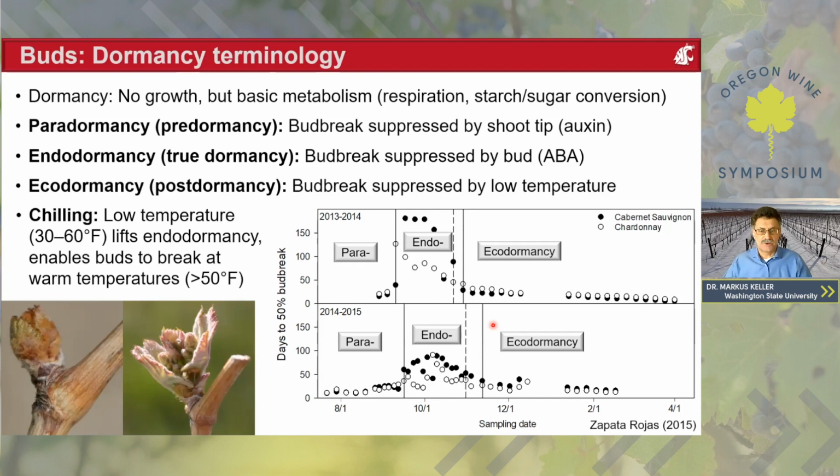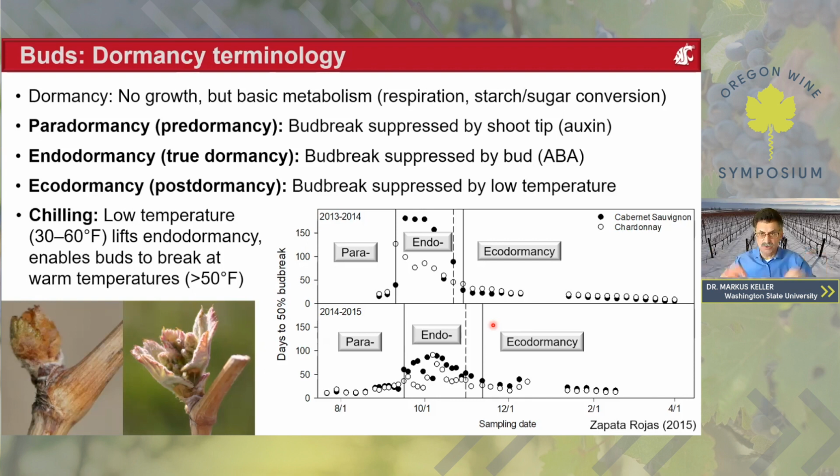So now we're finally getting into the dormancy terminology. We are supposed to talk about dormancy after all, since we're talking about the basics of winter. The definition of dormancy is that no growth occurs: complete shutdown of growth, no cell division, no cell expansion.